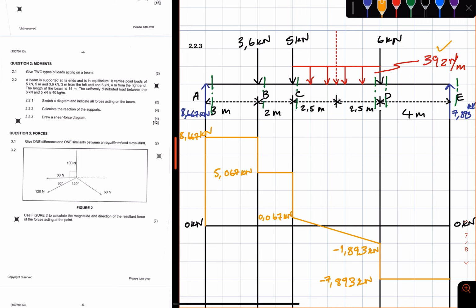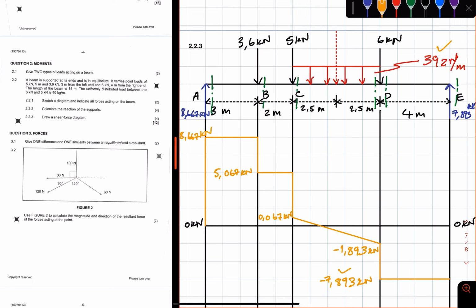So we add the 7,893 kilonewtons to the minus 7,893 kilonewtons, and we obviously get 0.